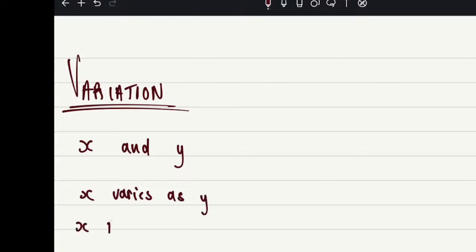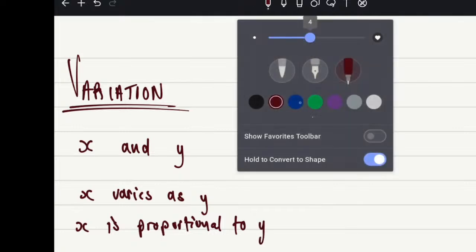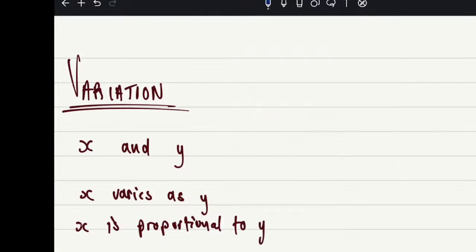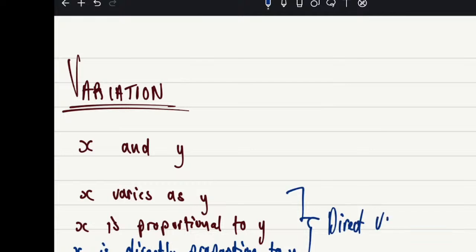Or x is proportional to y, or to y squared, or to root y, or to whatever. X is directly proportional to y. These are three ways to say what we call direct variation.